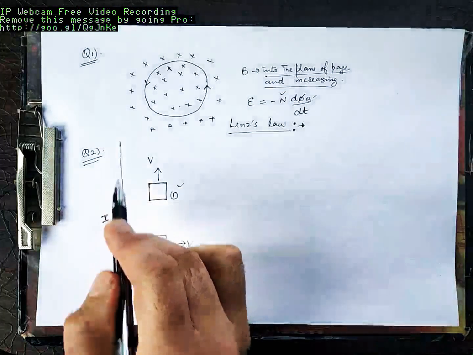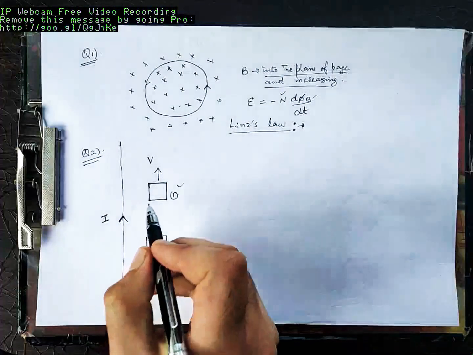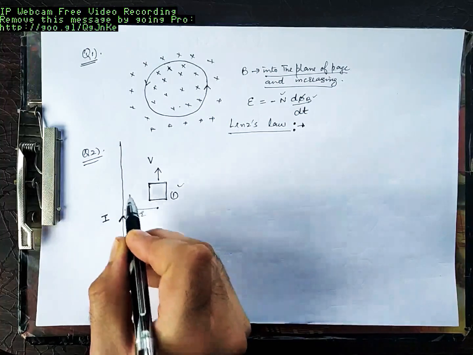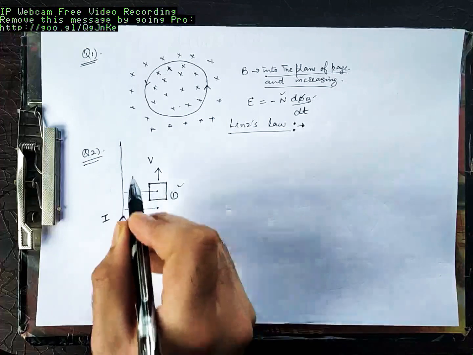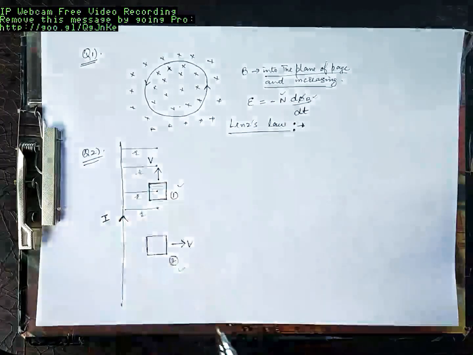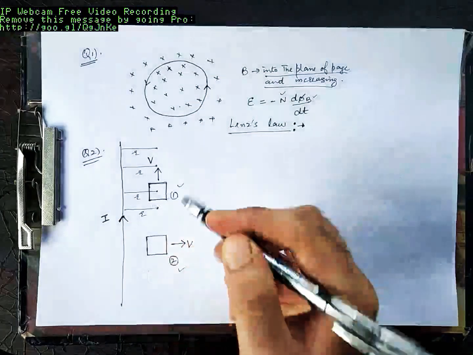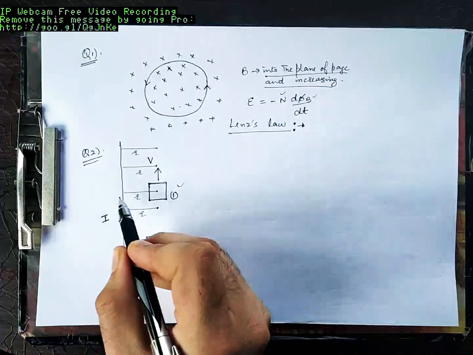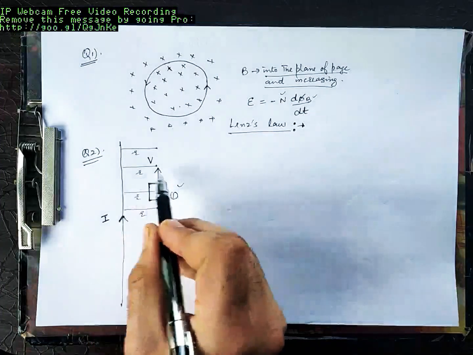Since this is an infinitely long conductor, the magnetic field produced is the same at a distance r from the wire. When you move loop 1 along this direction, the distance of the loop from the wire remains the same.